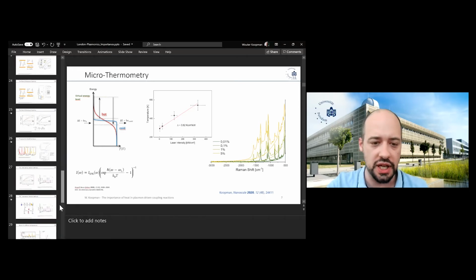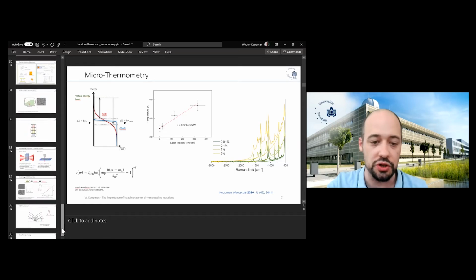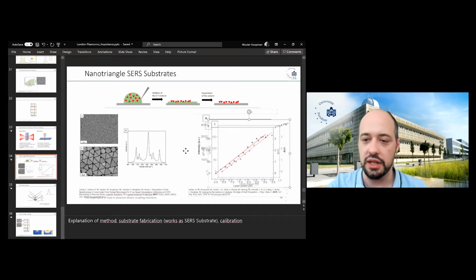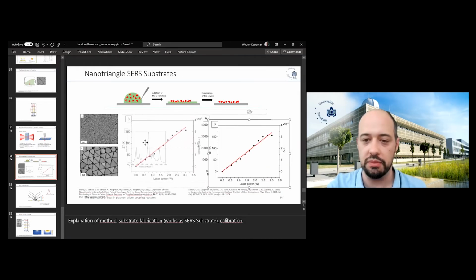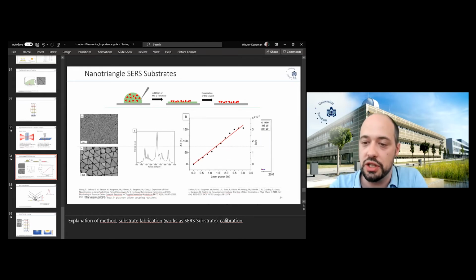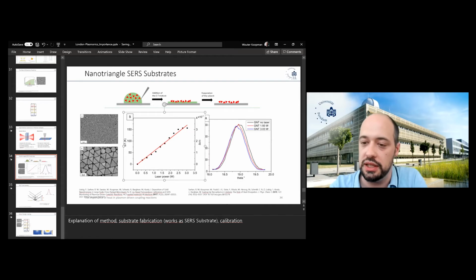We have done experiments where we measured the temperature in a completely different way, not by Raman, but by X-ray spectroscopy, and of course it doesn't work. There we used this kind of substrates, and we measured the X-ray reflectivity for different temperatures.